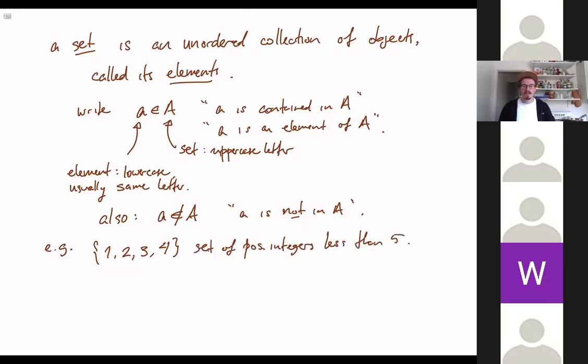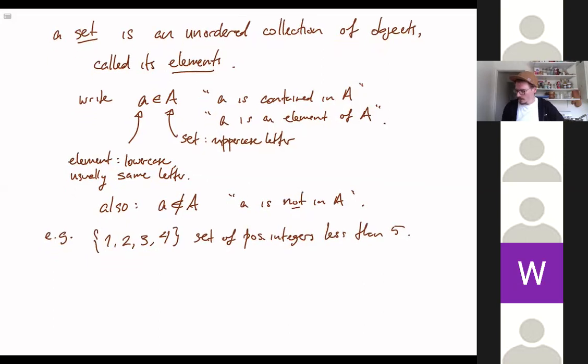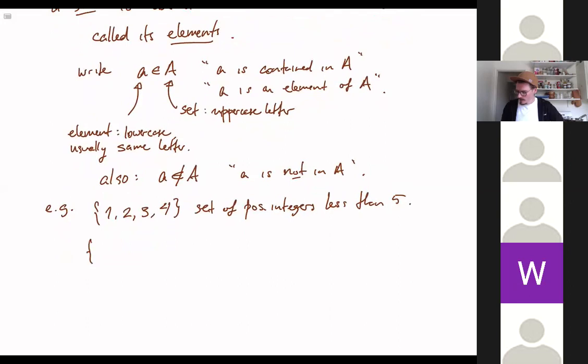This is just some set. It has 4 elements. They are the numbers 1, 2, 3, and 4. We can have other things. We can have, for example, negative root 2 and positive root 2, which is the set of solutions of the polynomial x squared minus 2. This is some set. It has 2 elements. They are negative root 2 and positive root 2.